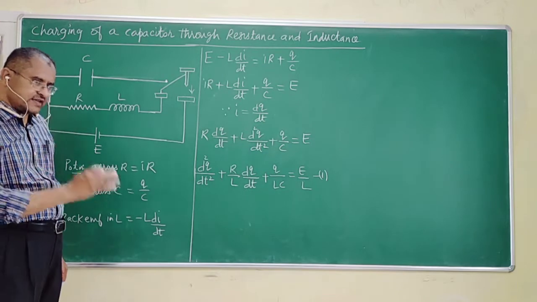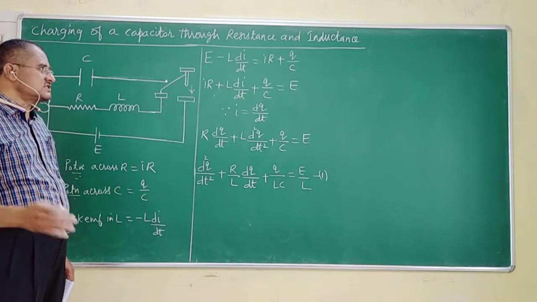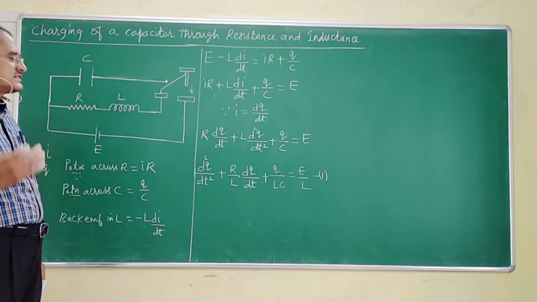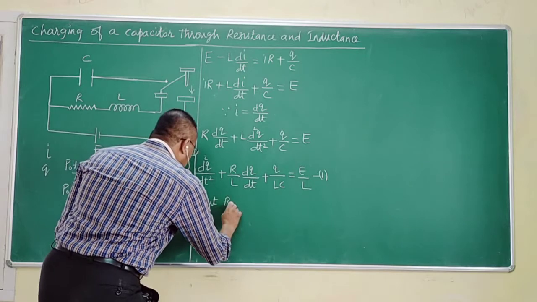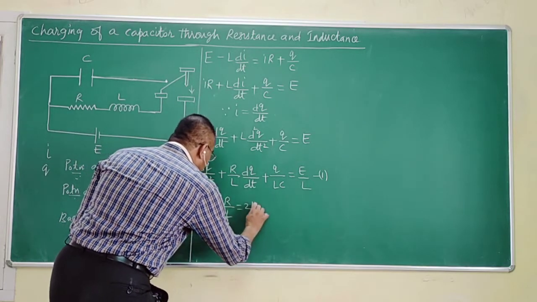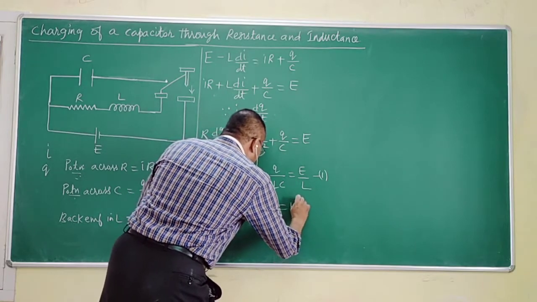You have to listen to this very carefully, because discharge of a capacitor through resistance and inductance will be almost the same. Okay? Put R by L is equal to 2b. 1 by LC is equal to k squared.